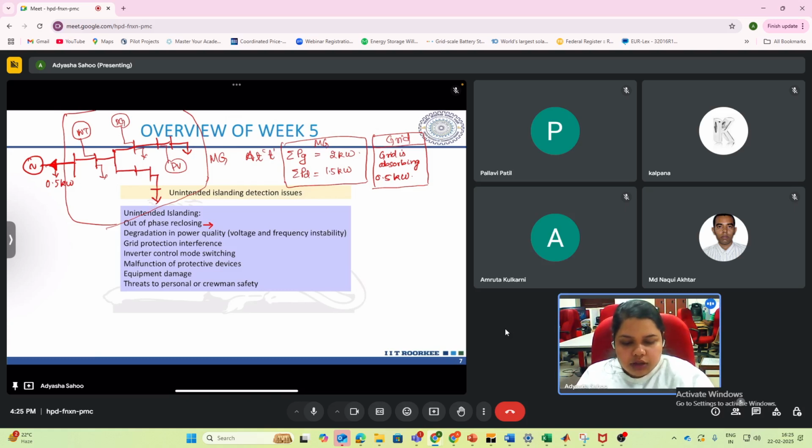But once you have the unintended islanding, the grid will no longer be present. So what will it lead to? It will lead to mismatches in the active power and similarly mismatches in the reactive power. Due to this, you will have issues of voltage and frequency, basically over voltage, under voltage, over frequency, and under frequency.